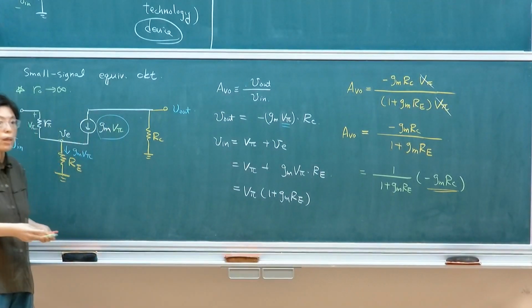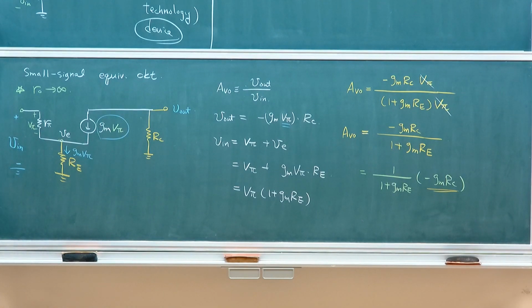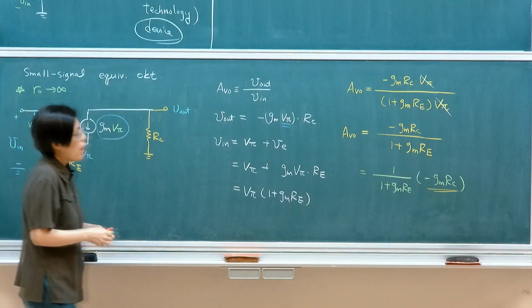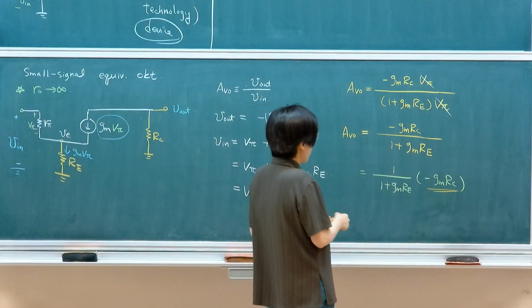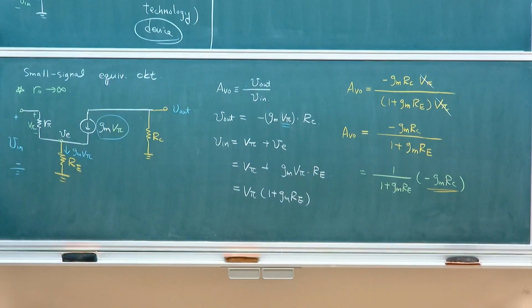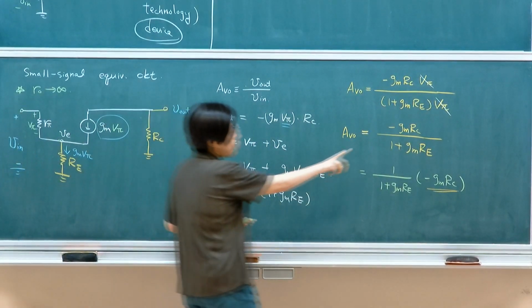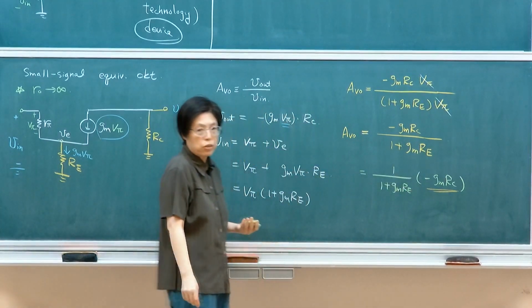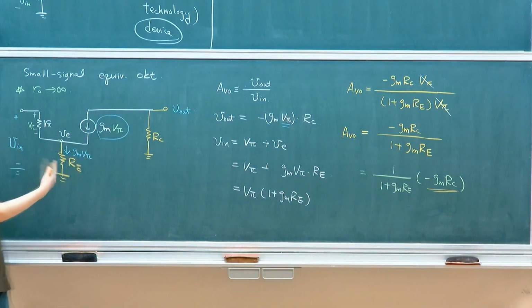Your results should be consistent. Why do I say that? If my RE equals 0, it should be the same as this, right? So in your equation, when RE equals 0, this is 1. Therefore, you get minus gm RC. So these are consistent results.